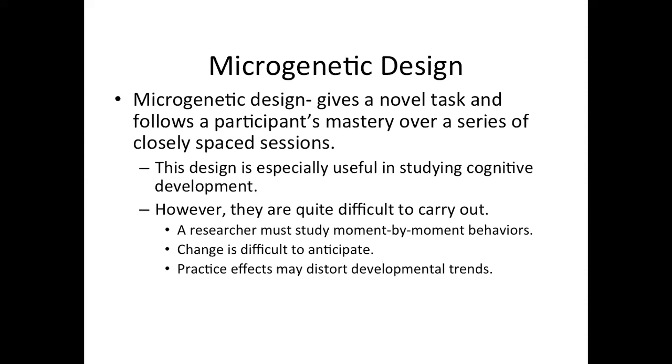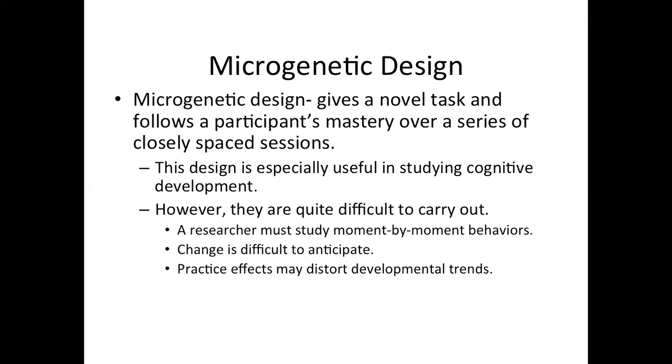So if I were to collect data when you're, I don't know, 6 months, and then collect data when you're 2 years old, yeah, you might be walking, but I wouldn't know when you started walking. With a microgenetic approach, I get to collect data once a week, and I can pinpoint with far more precision when that change took place. So that is a very cool way of actually detecting the growth process and when mastery took place.